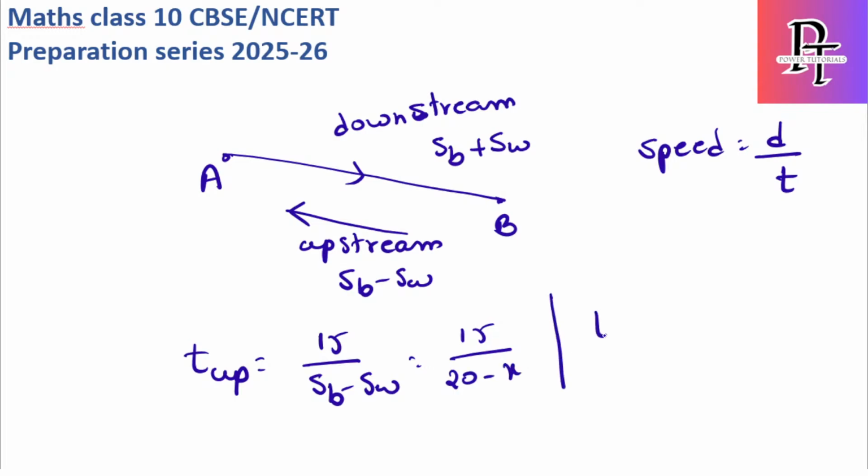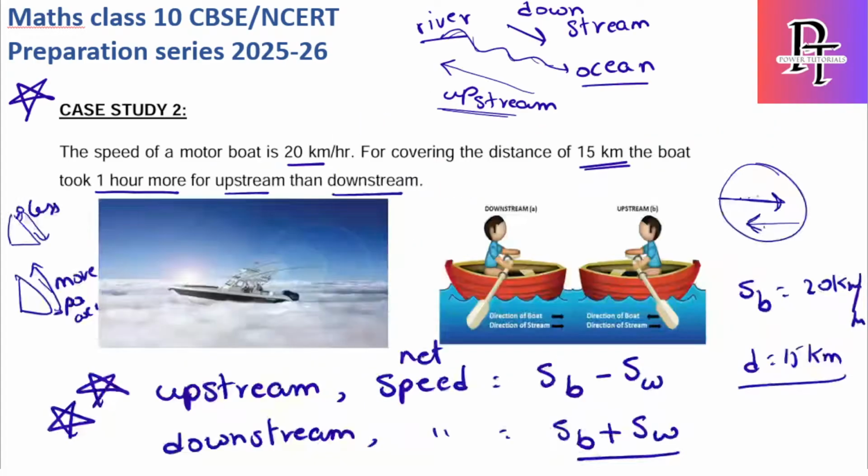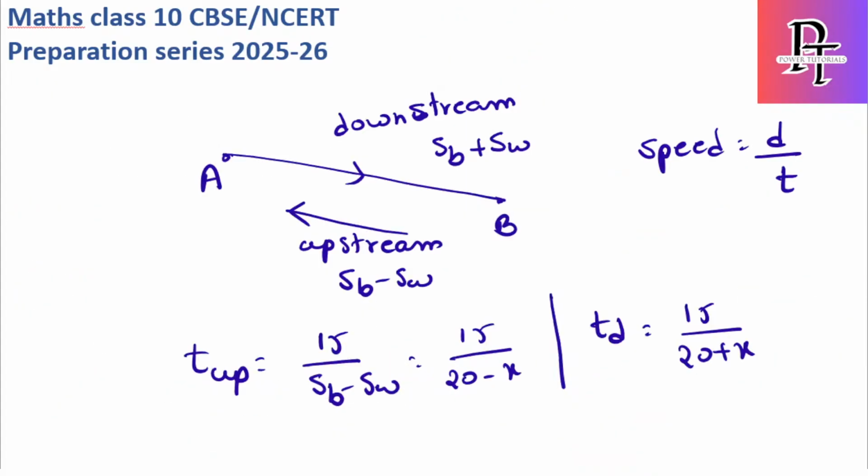What about time for downstream? It is 15 by 20 plus x. Now what is the relation between the times? Upstream is taking one hour more. So simply 15 by 20 minus x is equal to 15 by 20 plus x plus 1, which is 1 hour more than the downstream.